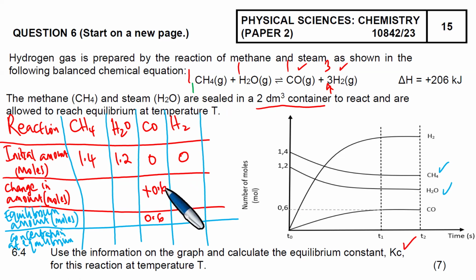Hydrogen gas is very interesting because with carbon monoxide, they're not in a 1-to-1 ratio, but in a 1:3 ratio. For every 1 mole of carbon monoxide, you have 3 moles of hydrogen gas.